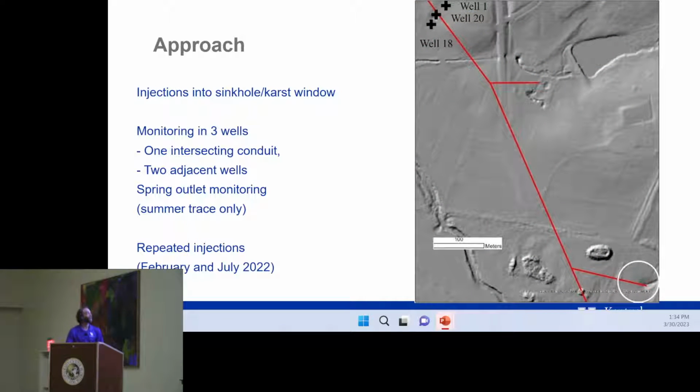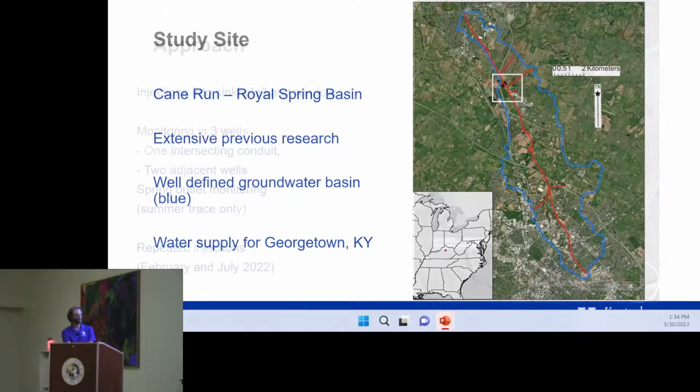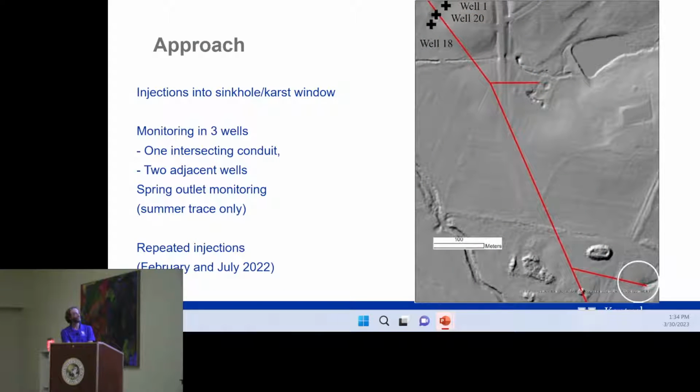So what we ended up doing here was two quantitative traces. We injected dye into a sinkhole down here that entered the conduit, and this was known to flow to well number 20 right here. So we instrumented that well.